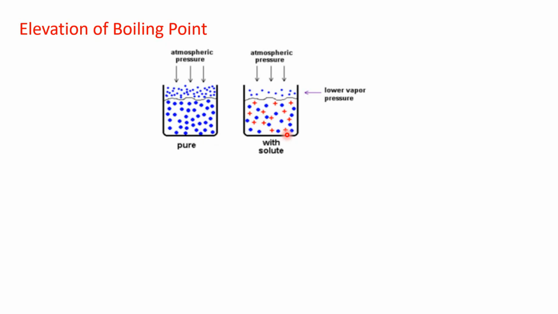This liquid boils at a higher temperature. So whenever you add a non-volatile solute to a pure solvent, the boiling point of the pure solvent increases, so that the solvent boils at a higher temperature. That is known as the elevation of boiling point due to addition of non-volatile solute.